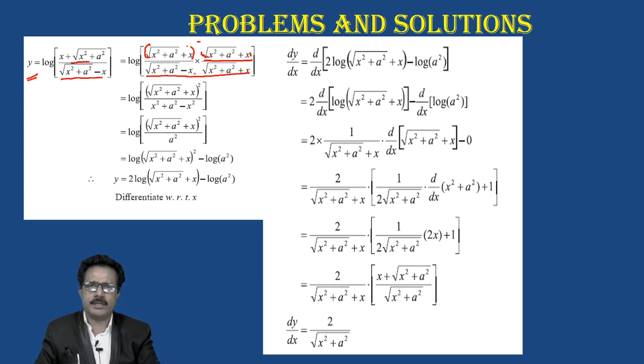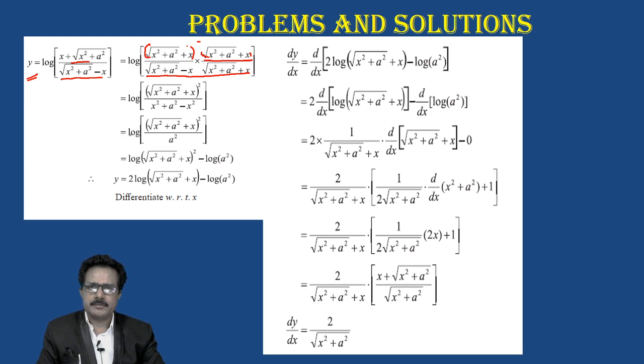In the denominator we have to use the formula a minus b, a plus b, which means a square minus b square. Therefore, this is log of (root x square plus a square plus x) whole square divided by the denominator.